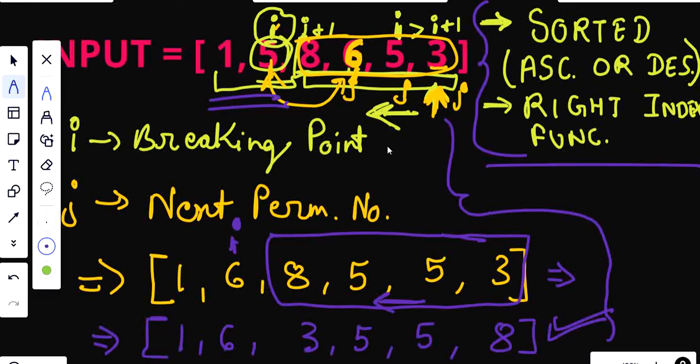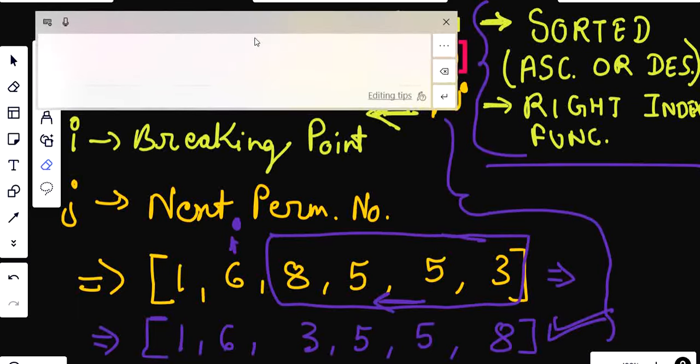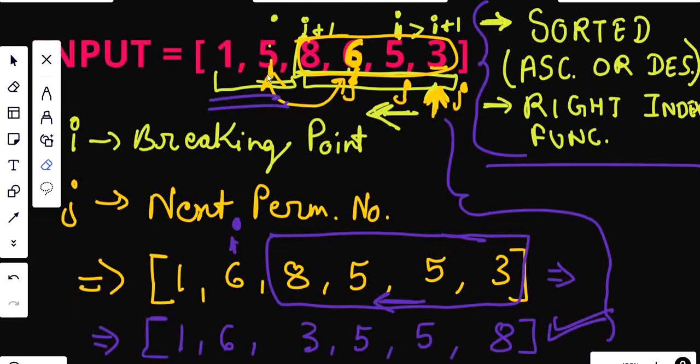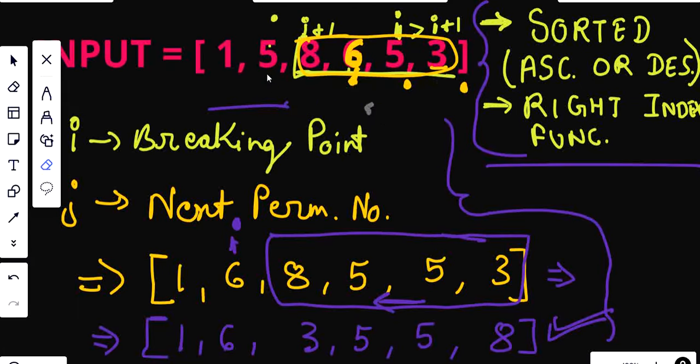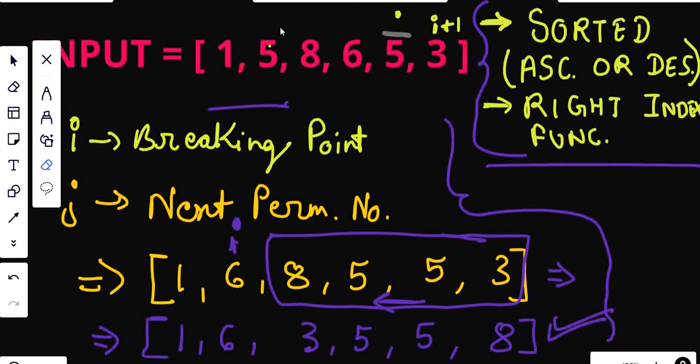I know this wasn't a straightforward question, but we can't help it. This was the simplest way with which I was able to explain, and I hope you all understood this. And if not, that's not an issue. You can watch it again from the start.